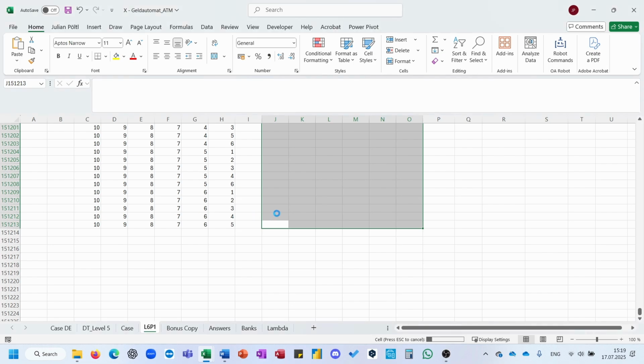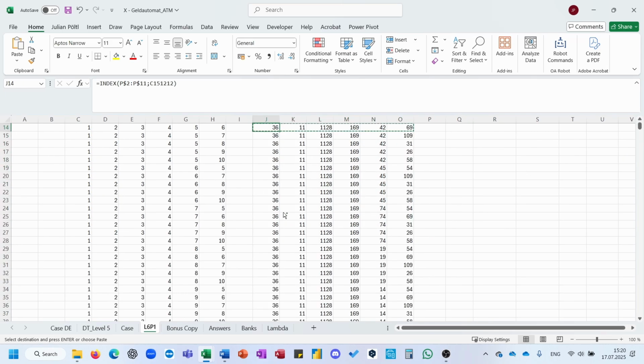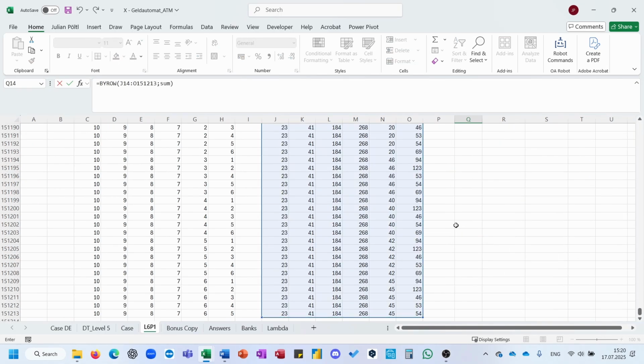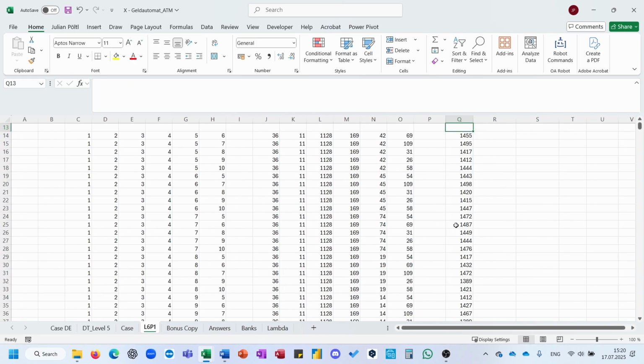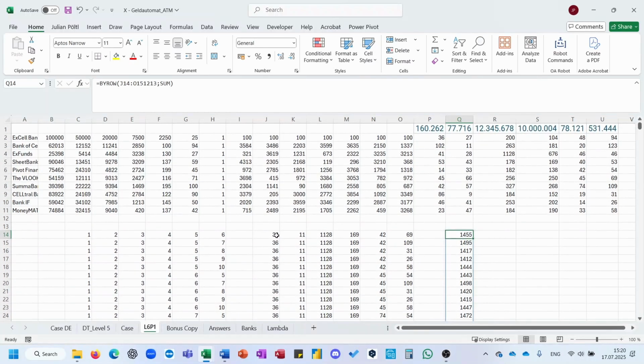Calculate shortly. And I can use by row sum to figure out how many total nodes I would use if I would use this combination.